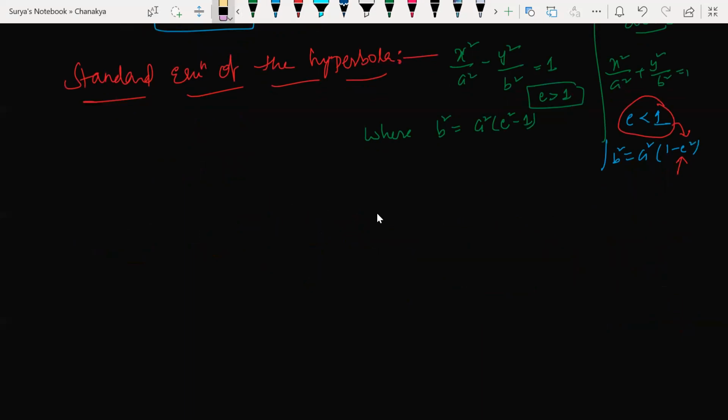In hyperbola also, we'll be learning about the horizontal hyperbola and the vertical hyperbola. But the horizontal hyperbola we call the transverse hyperbola. We do not call it a horizontal hyperbola; we call that a transverse hyperbola. You can remember it as the horizontal hyperbola, but the technical name of the horizontal hyperbola is the transverse hyperbola.